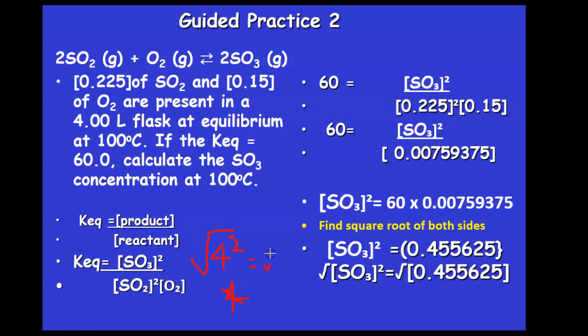Let's open it up. What is 4 times 4? 16, right? We square the 4 first. 4 times 4 is 16. Now you find the square root of 16, which is going to be 4. So the square root of a square is just the number. So the square root of SO3 squared is the same thing as SO3.